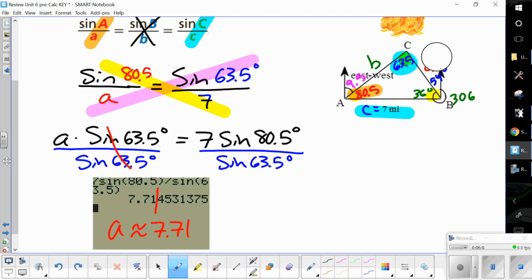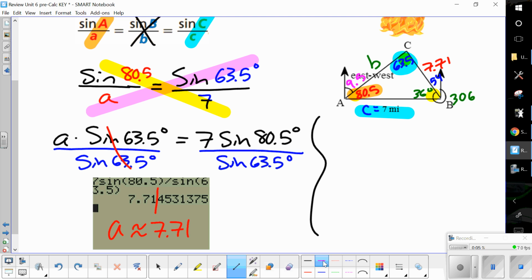I'm going to fill that in up here, 7.71. Now, I don't like using rounded answers in my calculations, but I will if I have to. For this next problem, it's asking what is the distance from this fire to the road. There is what I'm looking for.